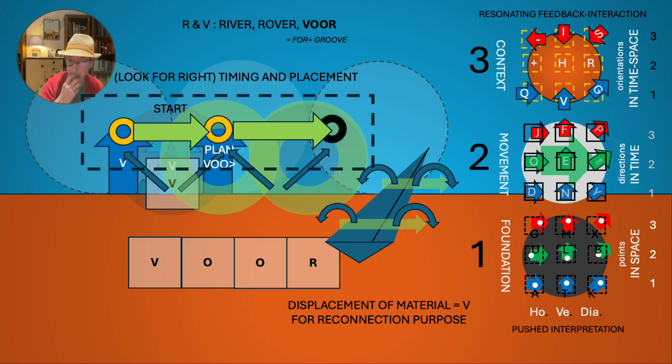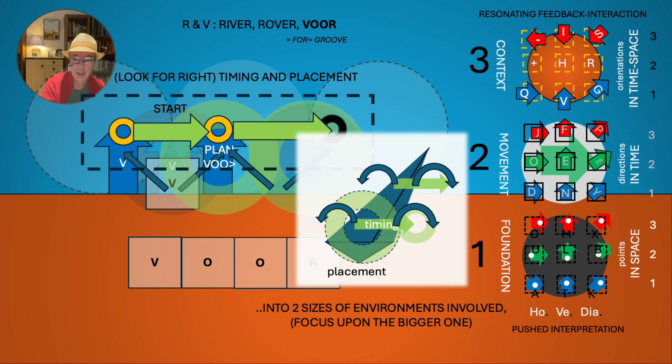That's basically how we can understand the word with the V and the R. A displacement of material for reconnection purposes, also with the O into these environments, but I focus onto the large O. I focus onto what is involved, where I can have the timing planned as well, and I can focus mainly on that connecting point there via R in the middle.